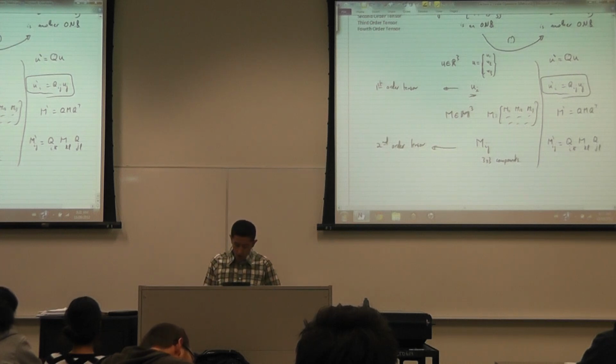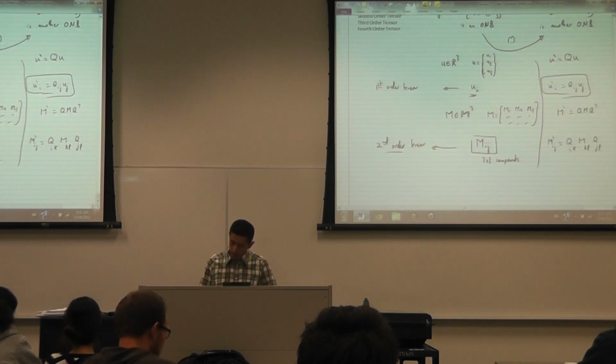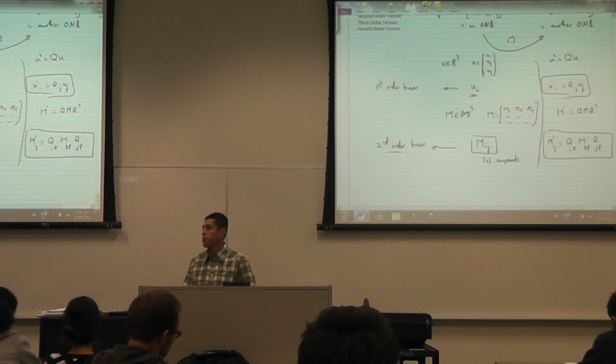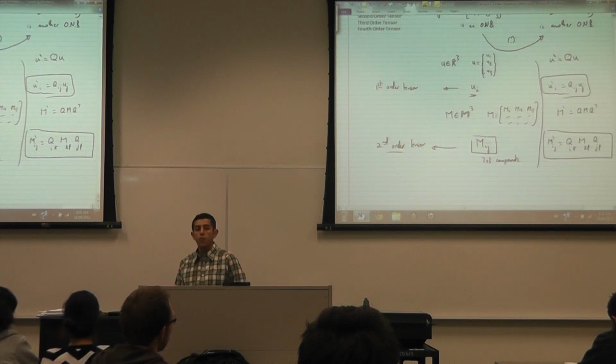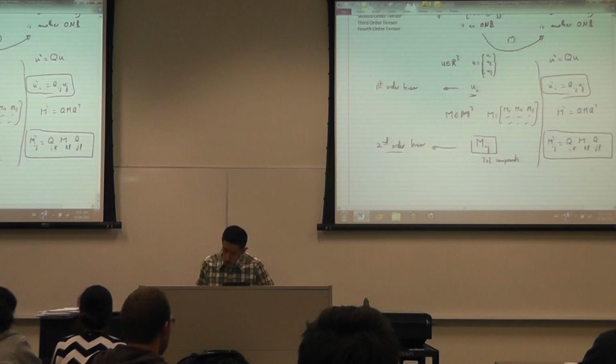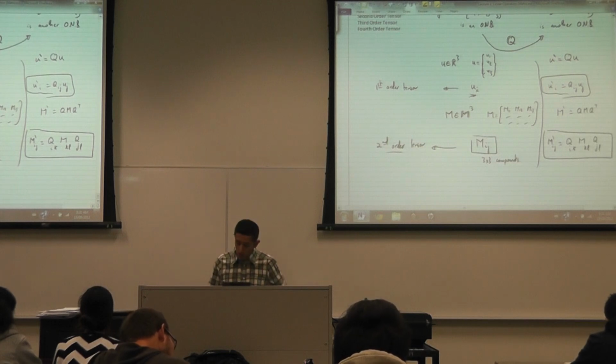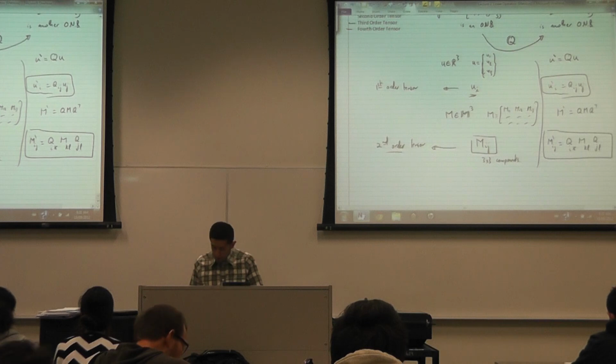A second order tensor is a 3 by 3 matrix of numbers that, when you change the coordinate system, changes according to this relationship. Third order tensors and fourth order tensors are similar quantities but with more indices. So let's see what is a third order tensor and what is a fourth order tensor.